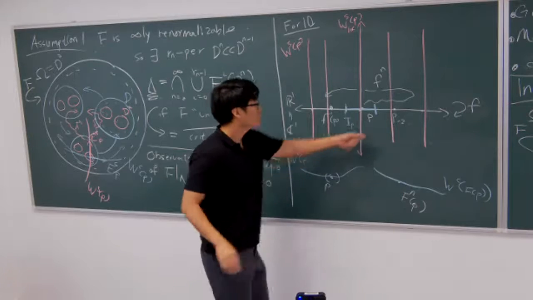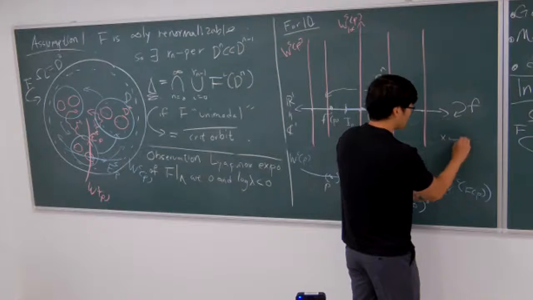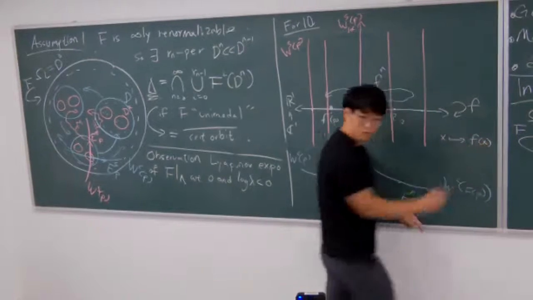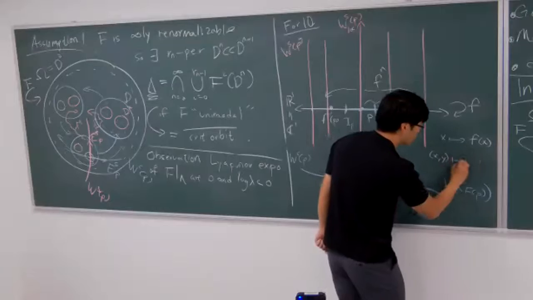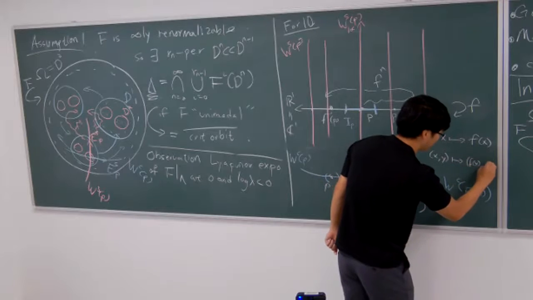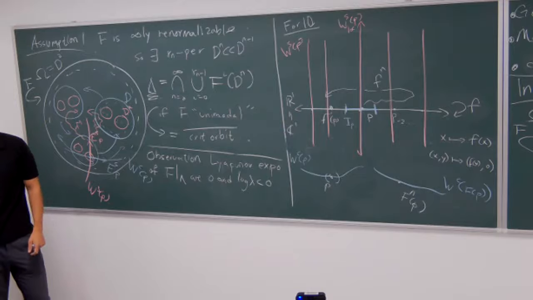And indeed, if you think of F not just as X goes to F of X, but as a degenerate 2D map, so (X, Y) goes to, let's say, (F of X, 0), that's a degenerate mapping of the 2D plane.